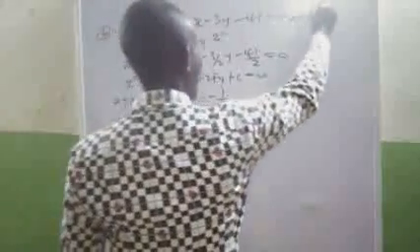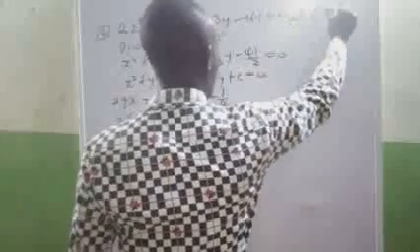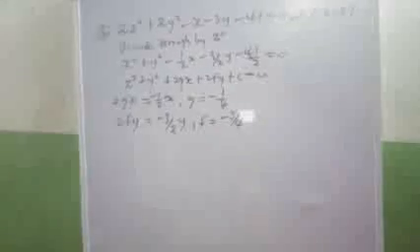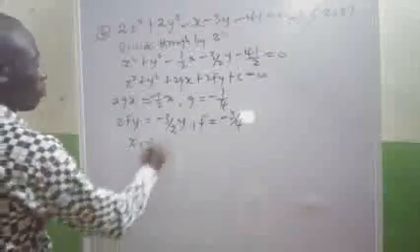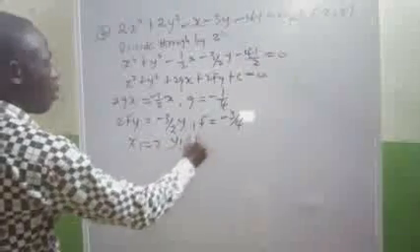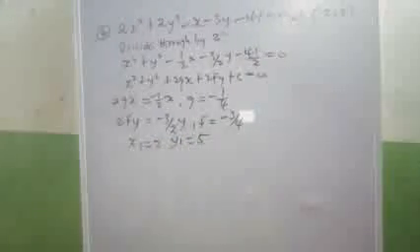So, remember that the equation is at x1 is 2, y1 is 5. That's the original equation. So here we say x1 is equal to 2 and y1 is equal to 5.